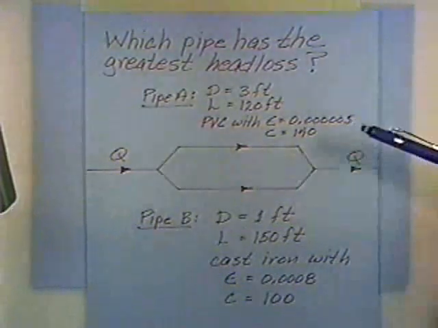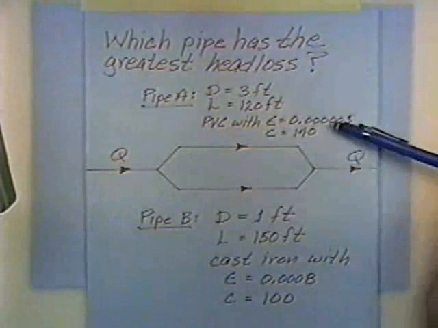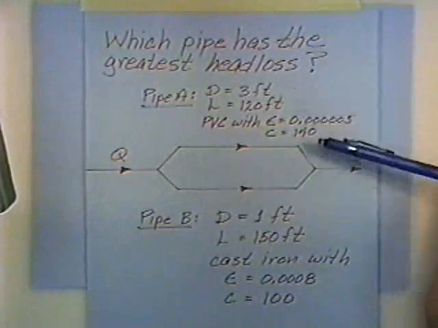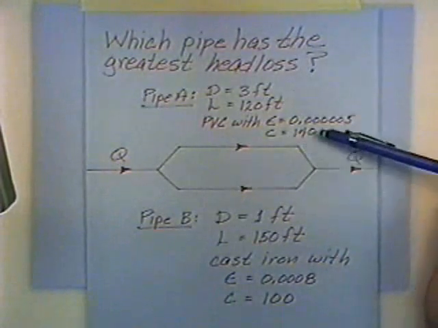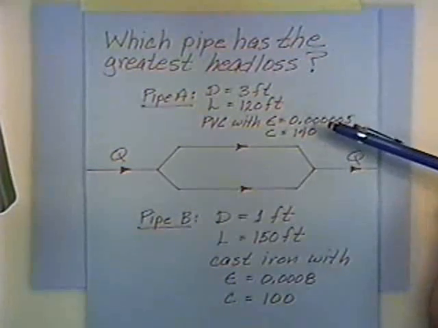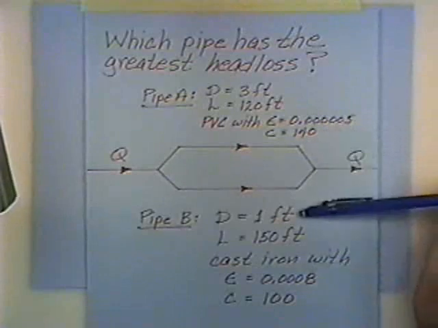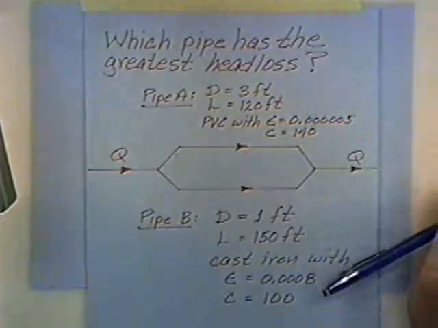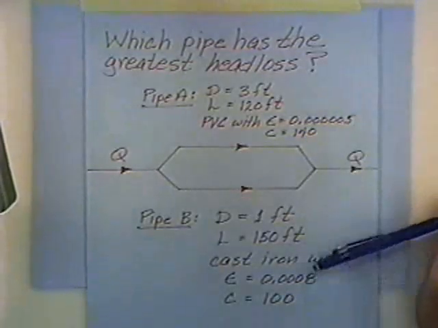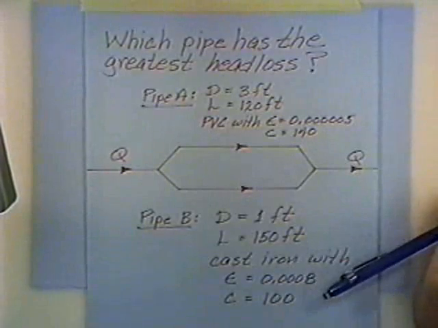Yeah, and so what that would mean, though, you've got a smooth pipe with a large diameter, and intuitively that means little head loss. Here you've got a smaller diameter, rougher pipe, and so epsilon over D should mean more head loss.